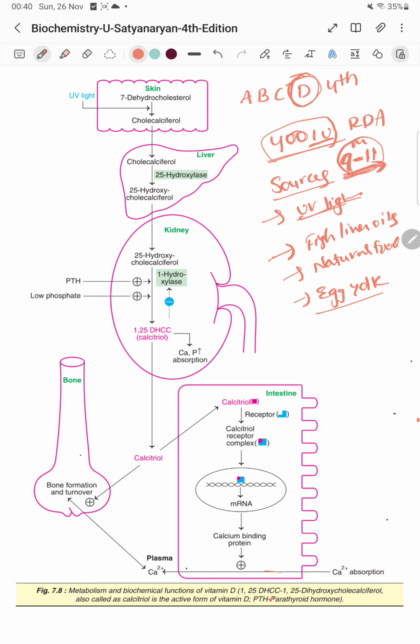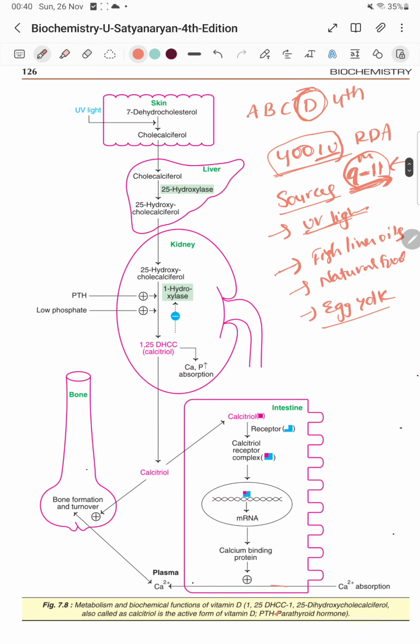All these are good sources of vitamin D. But naturally, sunlight is enough. Okay, this is all about vitamin D.